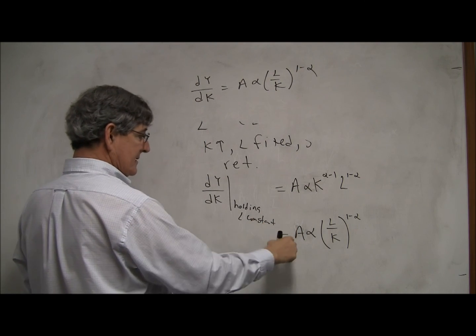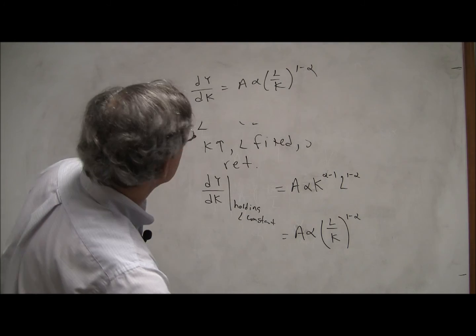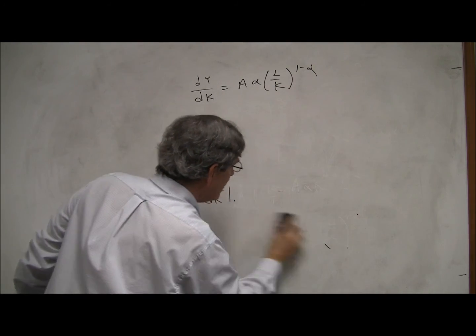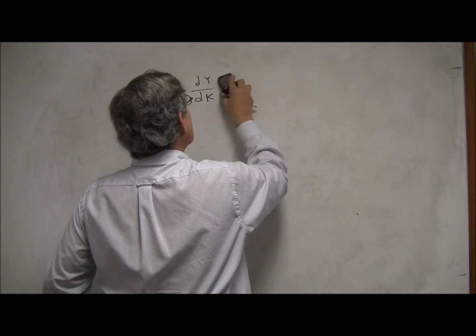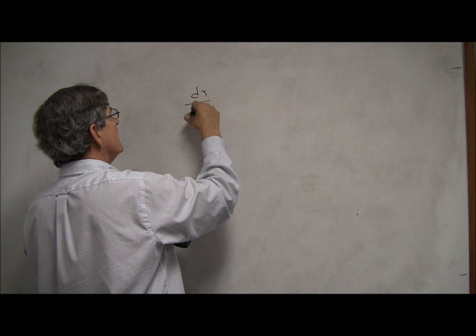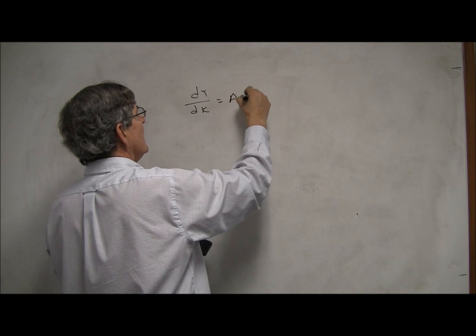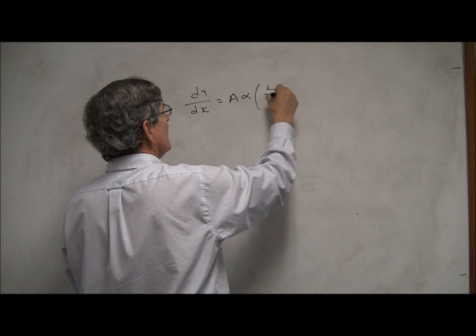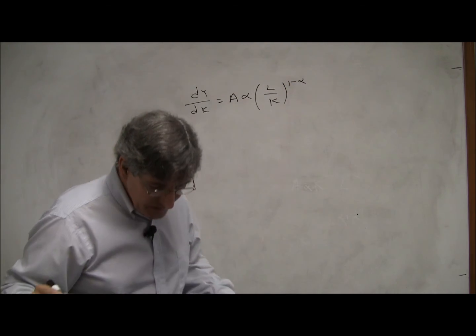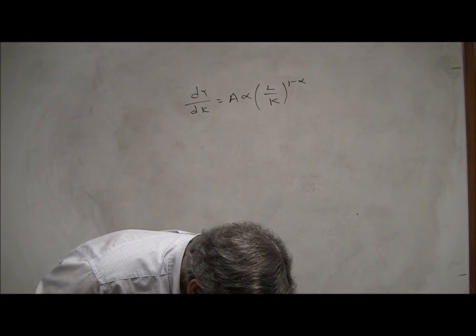I just rewrote this in case it's off the screen up there. So what does that show? Don't worry, that's too high. Let me do it again. So dy dk is A alpha times L over k to the 1 minus alpha. Make sure that's right. Yes.